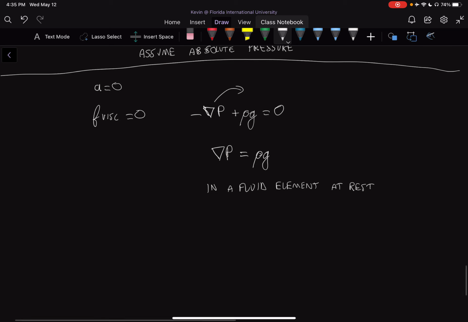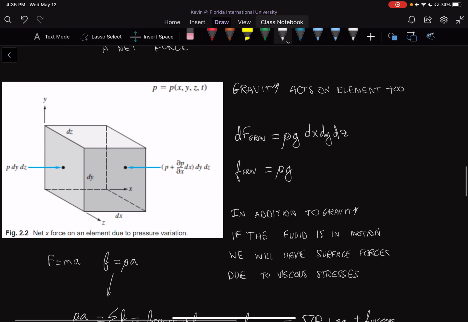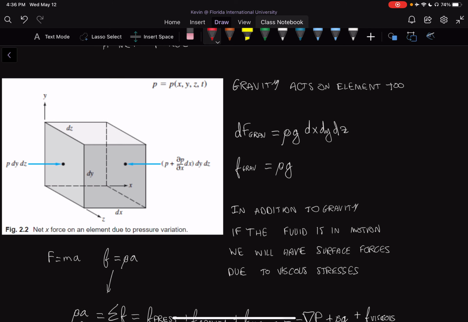We're also going to assume from our diagram earlier that the plus z direction is up for our coordinate system. If I go back to the earlier diagram, by scrolling up, I see that z is considered up.